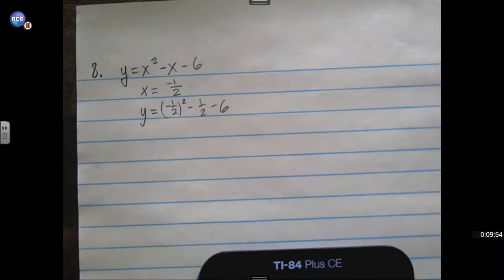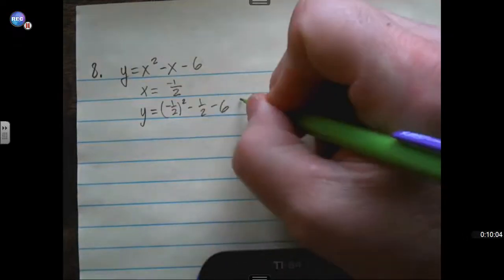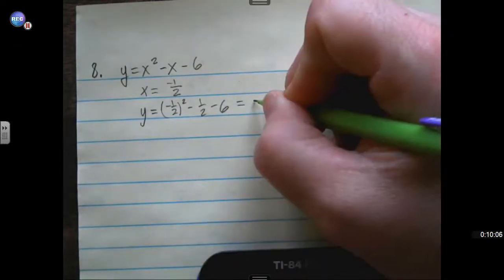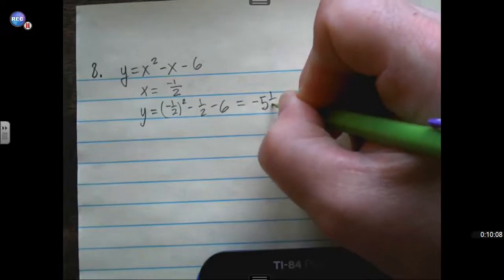I get negative 5.25, which is negative 5 1/4.